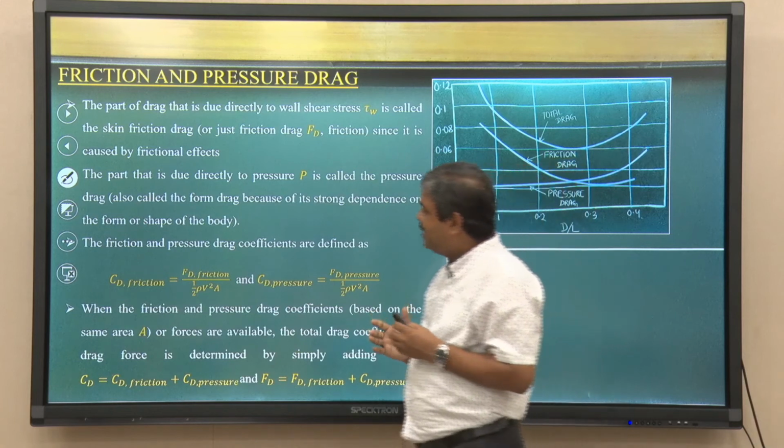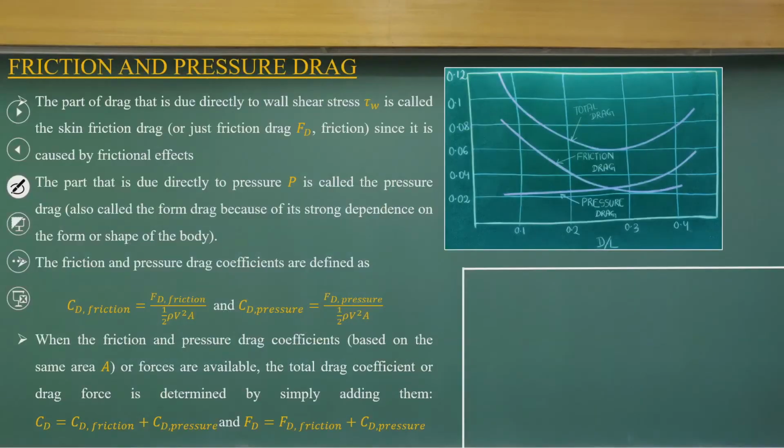Now, let me explain friction and pressure drag in a very simple way. As I said, the part of the drag that comes directly from the wall shear stress is called skin friction drag, since it is caused by the frictional effect because of boundary layer formation. There is another part which depends directly on the pressure difference, the drag force because of pressure.